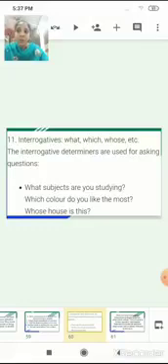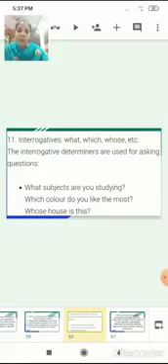Interrogative determiners usually ask questions about a noun and are always followed by the noun. They should not be confused with interrogative adverbs, and the two are completely different in the purpose they serve in a sentence or a clause.